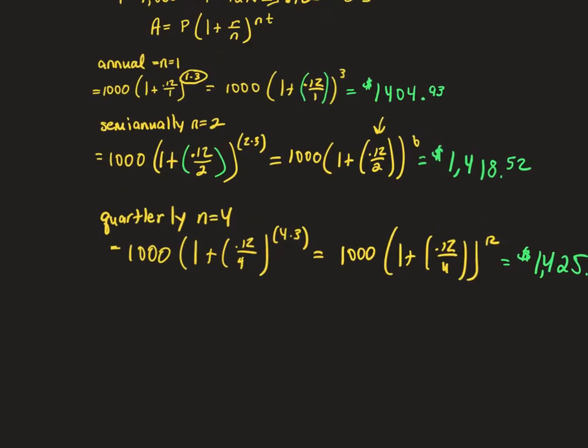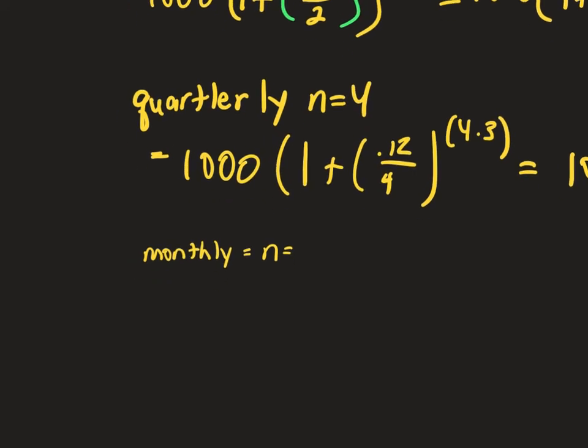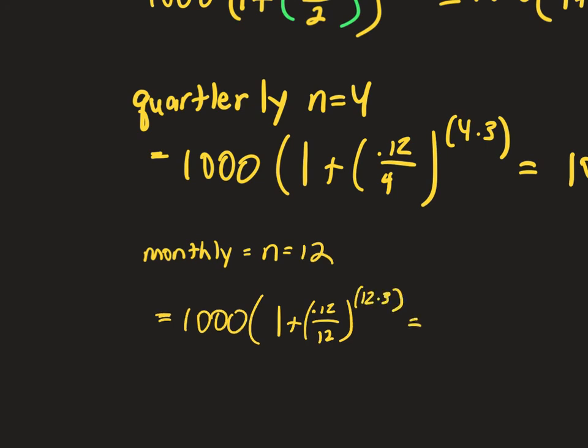Now I'm going to talk about monthly. Well, now monthly, guys. What does monthly mean when I talk about N, my compounding? How many months are in a year? 12. So again, we have 1,000, 1 plus. I still have my 0.12, but now it's going to be over 12, and I raise that to the 12 times 3 power.